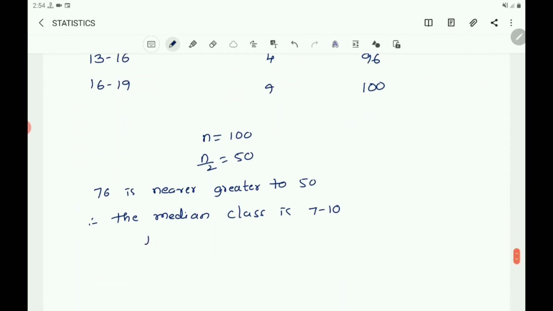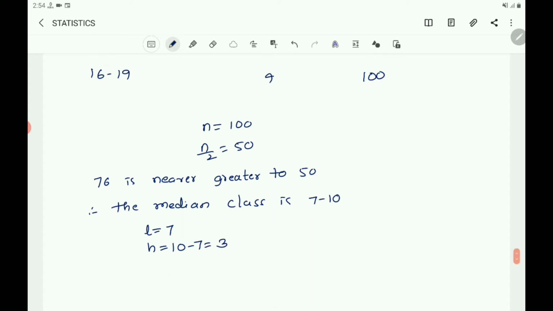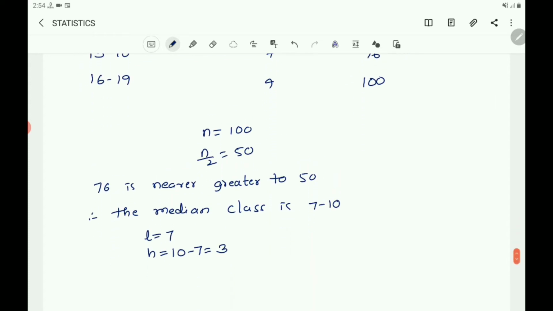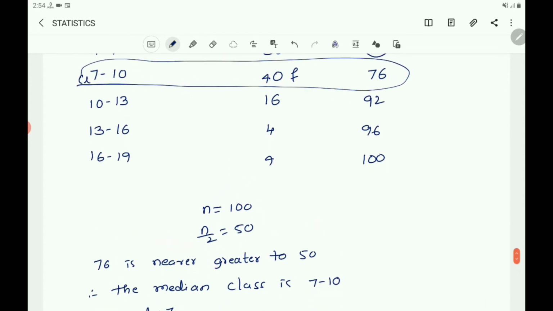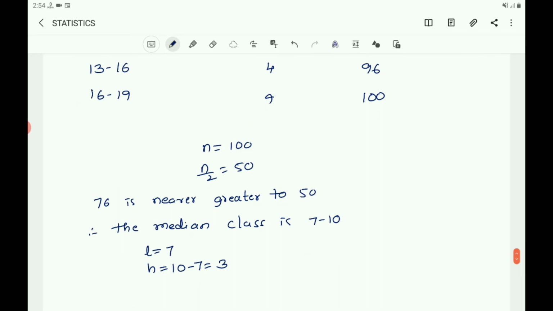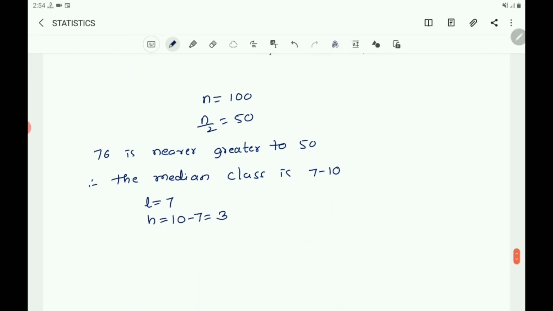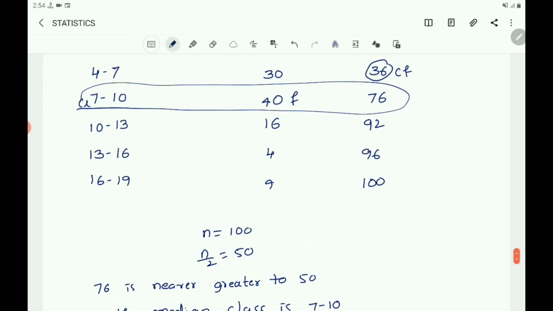Then you write L equals 7 and H is the size of the class, that is 10 minus 7 equals 3. Then F and CF. CF is 36, F is 40.